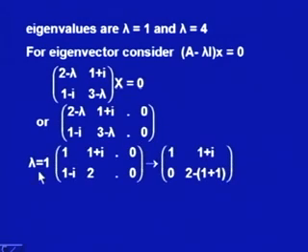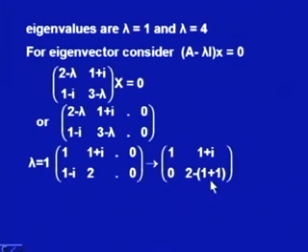First, for lambda equal to 1, this equation becomes 1, 1 plus i, 0; 1 minus i, 2, 0. This is an augmented matrix corresponding to this system. I am writing only the coefficient matrix part here after applying elementary transformations, because the zero column will not be affected.